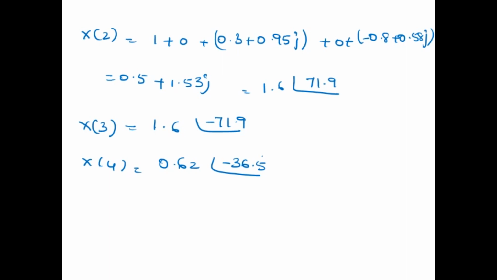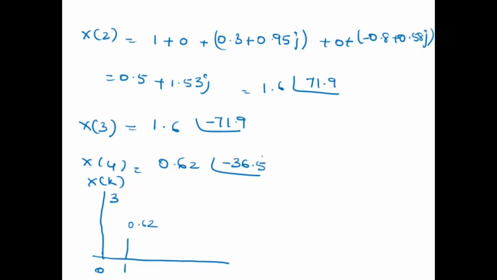Now we can plot the magnitude and phase spectrum. So this is x of k for the magnitude spectrum. At 0, magnitude is 3. At 1, magnitude is 0.62.